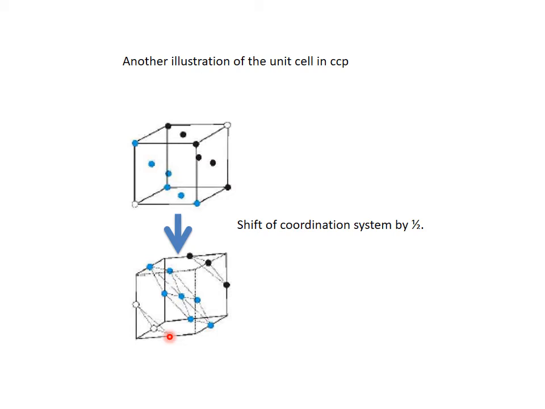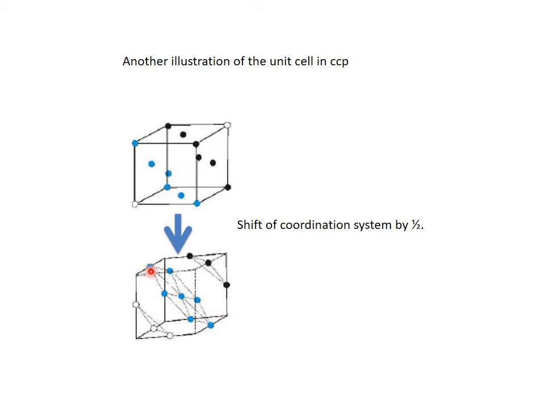Because of the shift, we would create more white atoms on the centers of edges. These 3 atoms would represent the first layer. Then we would have more atoms on edge centers, these 6 here, plus an atom in the body center.